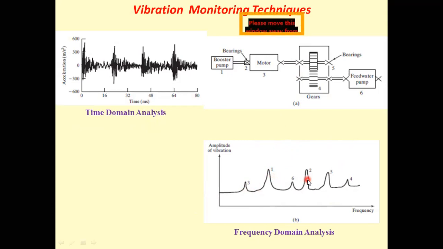Another important characteristic of a frequency spectrum is that a rotating machine generates identifiable frequencies. For example, if you see this system, it consists of these 6 components.